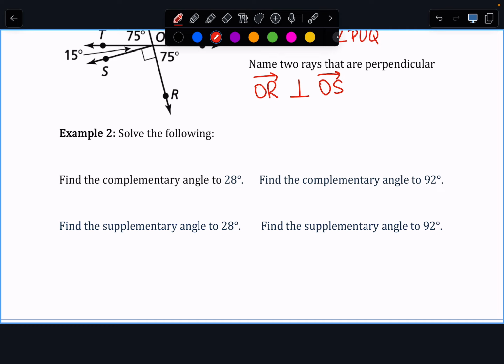What's 180 minus 28? Are you thinking? Light bulb came on.